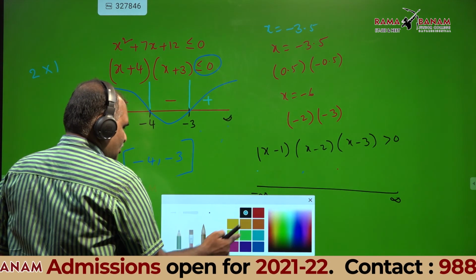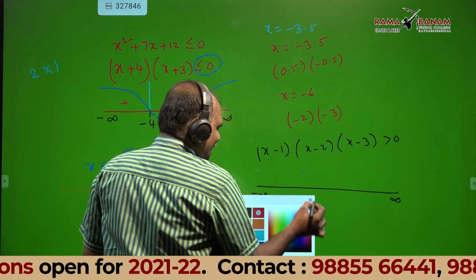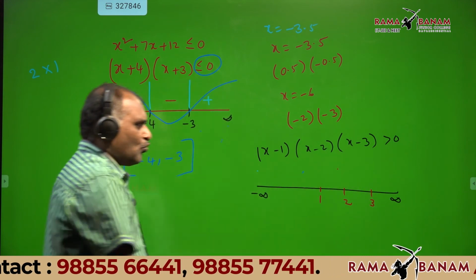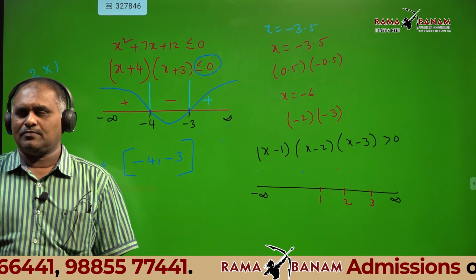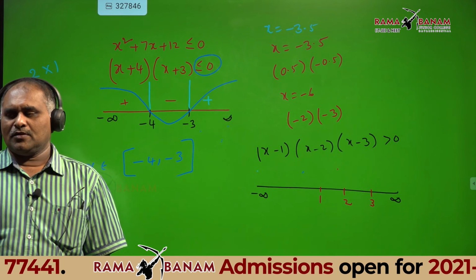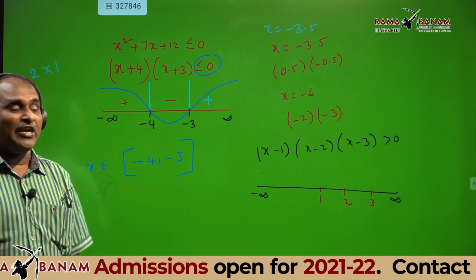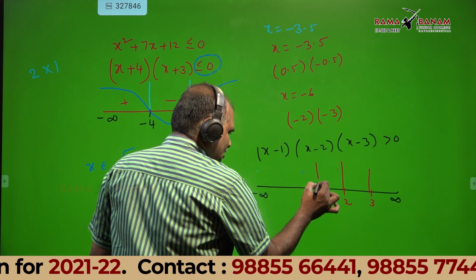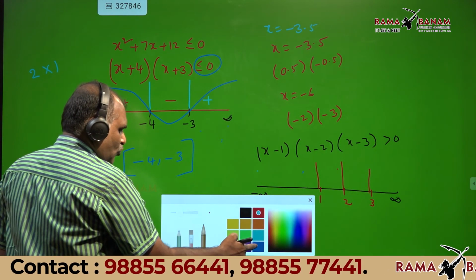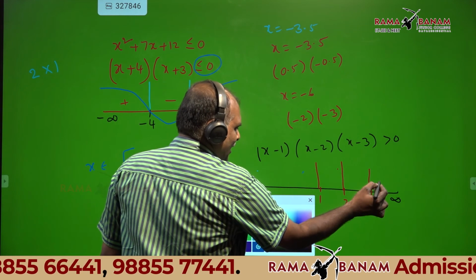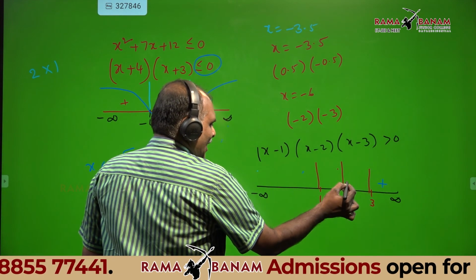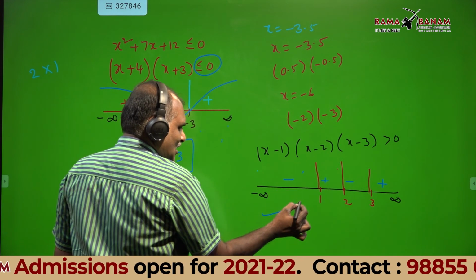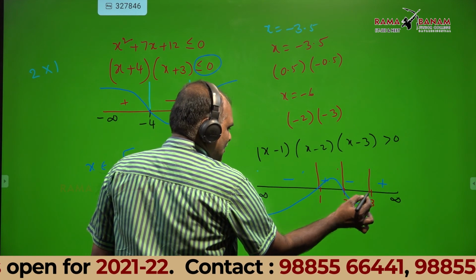What is the last interval? 3 to infinity, which is positive. Next negative, positive, negative. The graph looks like this.